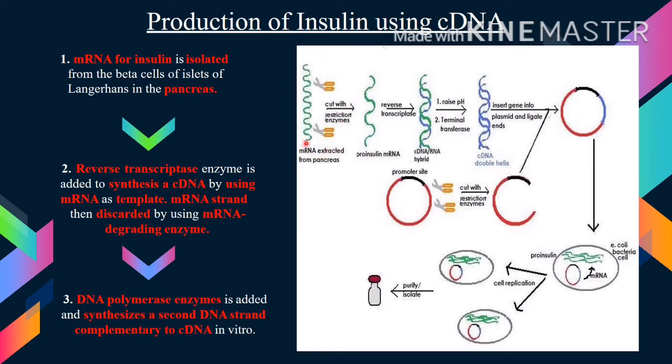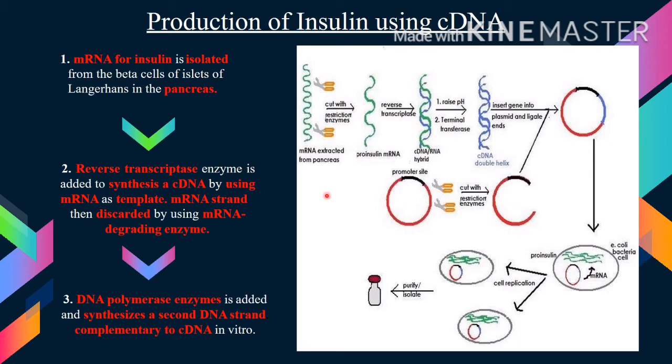Now we will locate and remove our desired gene, which is the human insulin gene, using a restriction enzyme. The restriction enzyme will cut at a certain end of the mRNA in order to get our desirable genes. After that, we will produce a pro-insulin mRNA.